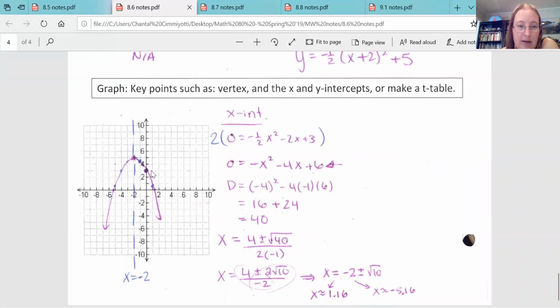I had the y-intercept, and that would be enough for XYZ. But you can also see if you plug in some other points. If you plugged in -1, you'd get something there, or if you plug in -3 there. If you plug in -4, you'd get exactly 3. Those are symmetrical because, again, parabolas are symmetric about the line that goes through the vertex. So that's 8.6.